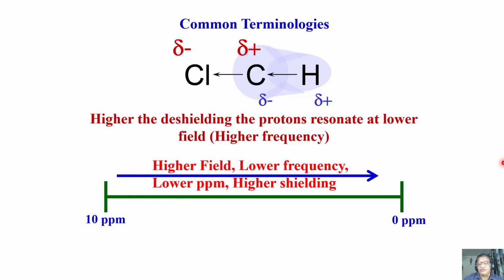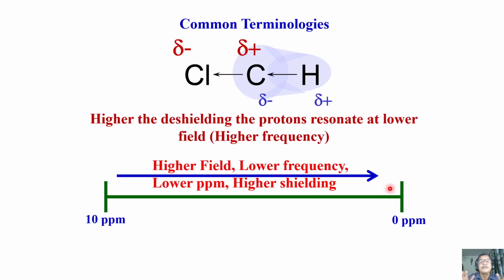When you go from left to right, what is happening? You are having lower ppm values for the peaks. A peak comes here maybe at 8 ppm. A peak which is coming here maybe at 1 ppm or 2 ppm. So the ppm gets lower when you go from left to right. Also it means higher shielding.